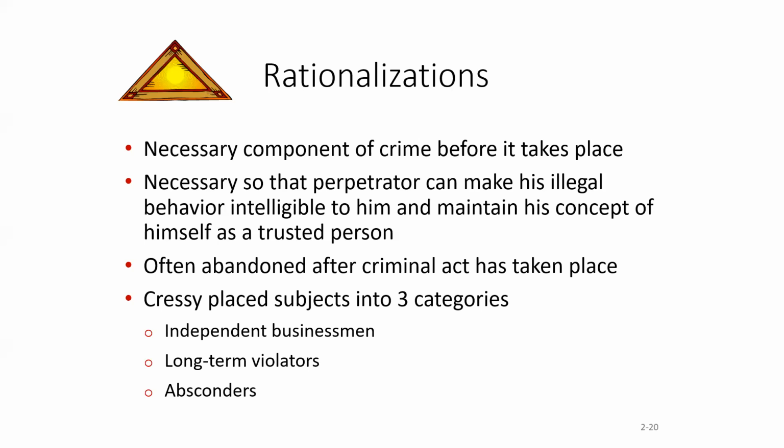People in this category tend to have two common excuses. First, they're just borrowing the money, or second, the funds entrusted to them were really theirs and you can't steal from yourself. Cressy found the borrowing rationalization was the most frequently used, and these perpetrators also tend to think everyone in business does this, so it makes it less wrong, and it's okay because everyone's doing it.